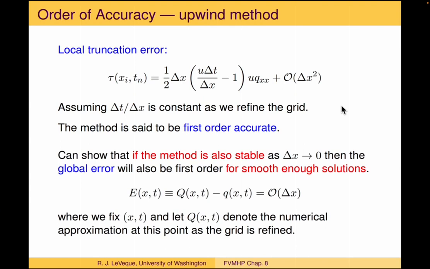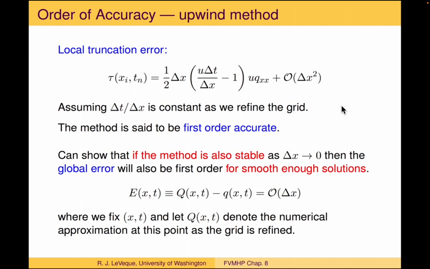Now, what we've shown so far is just that this local error, if we sort of expand things in Taylor series, looks like it has a local truncation error that's first order. But then the really interesting thing is to try to prove from that the method actually converges as you refine the grid. And that requires something else. It requires the concept of stability that we'll talk more about.